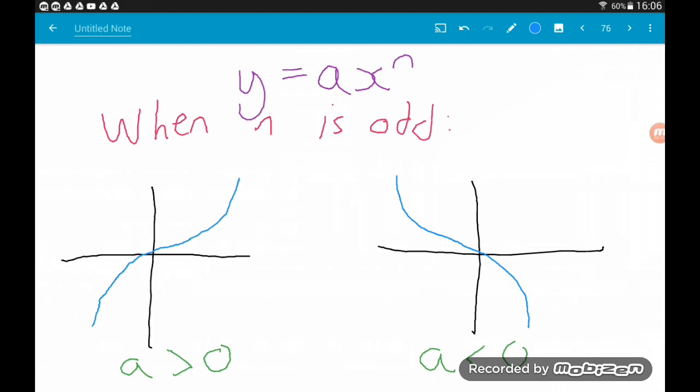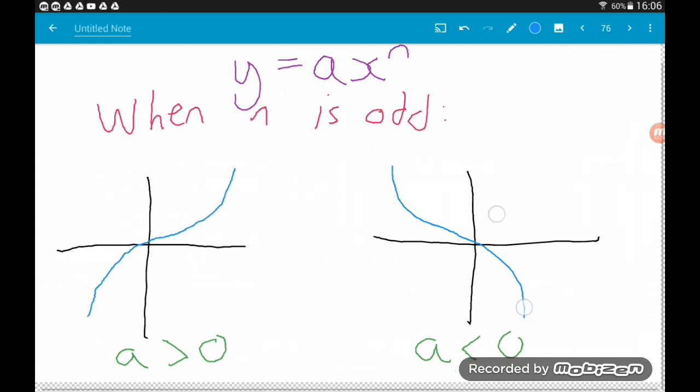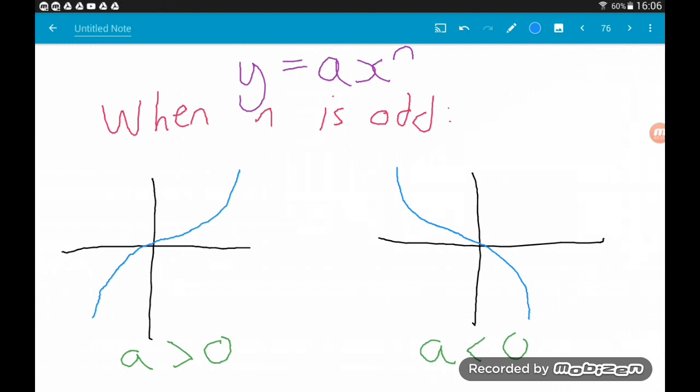But just to show you that when n is odd, if a is positive, so greater than 0, then our curve is going to start somewhere in the bottom left of the graph, and it's going to end up going off to the top right of the graph.